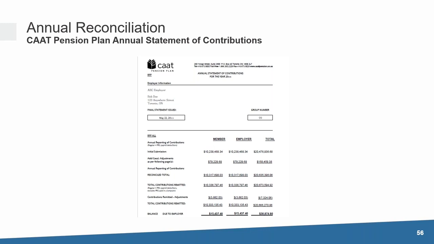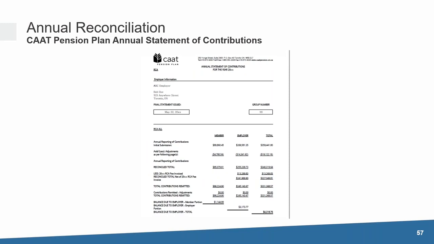The second line reconciles this figure to the final figure of what should have been remitted as reported on the summary data report. This is then compared to the actual cash received by the plan, with the difference formulating an outstanding balance due to or from CAT Pension Plan.